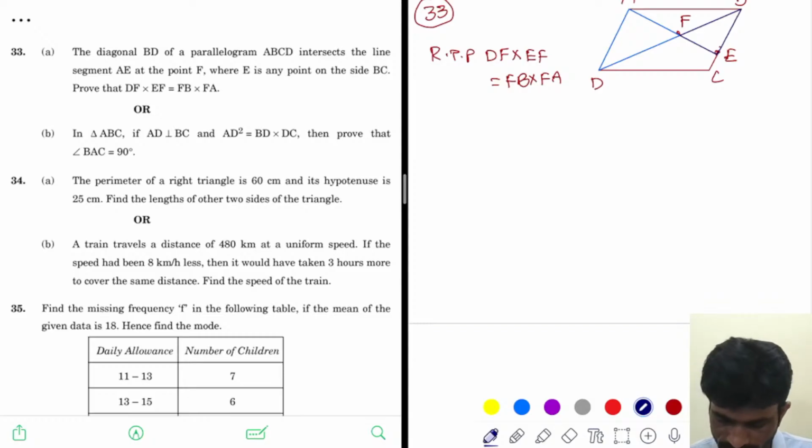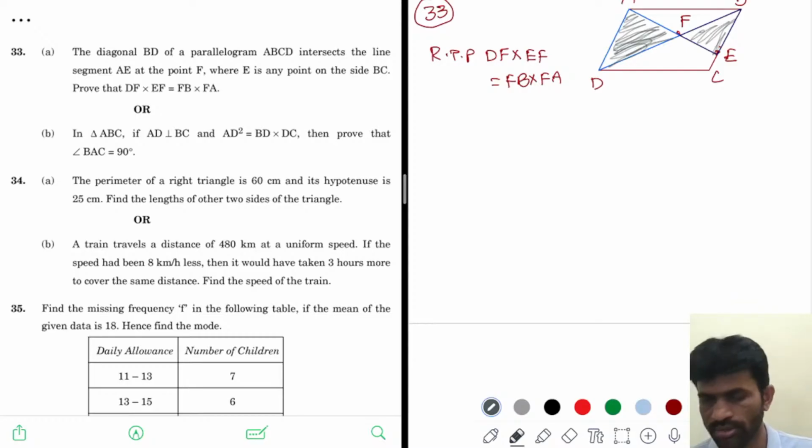These two triangles we have to prove similar.